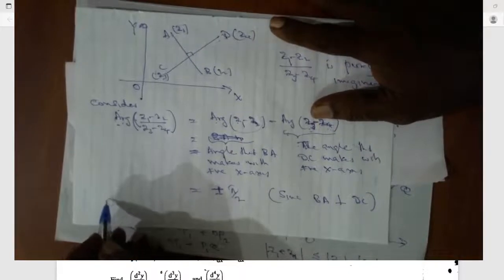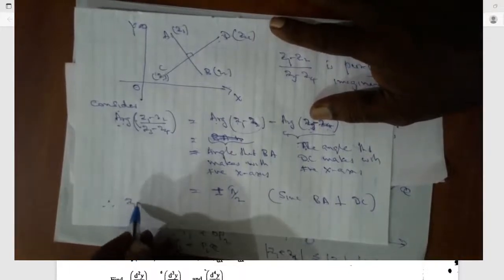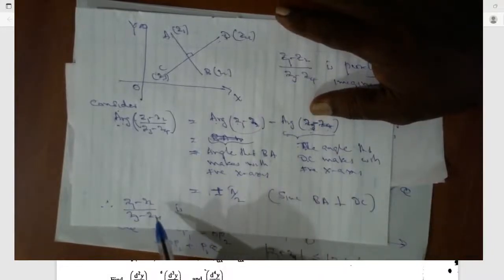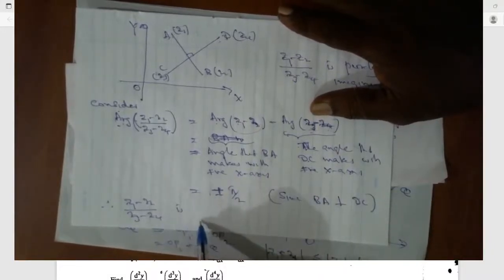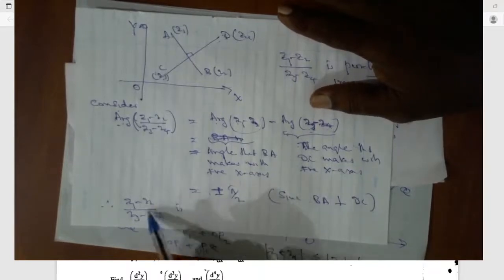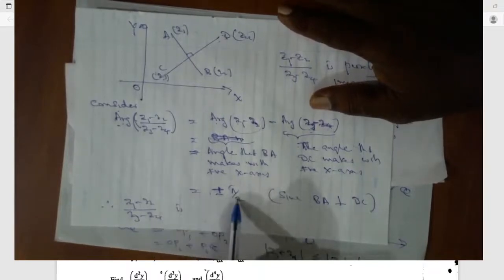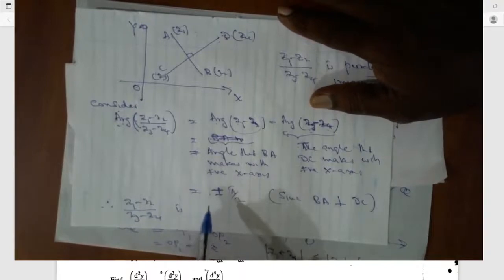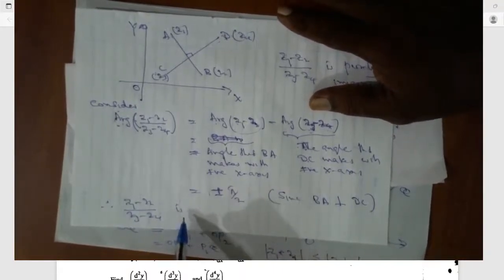If the argument is plus or minus pi by 2, then you can say therefore C1 minus C2 over C3 minus C4 lies either on the positive y axis or on the negative y axis. If it is on the negative y axis, the argument is minus pi by 2; if on the positive y axis, plus pi by 2.